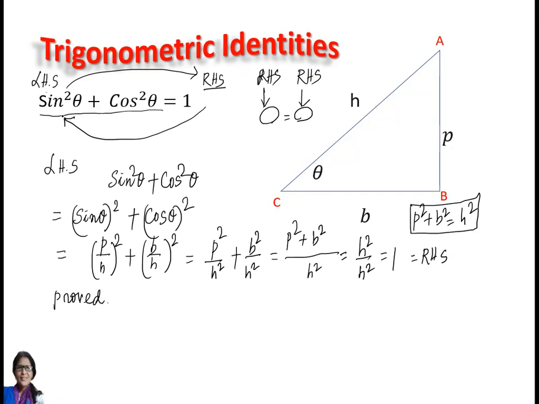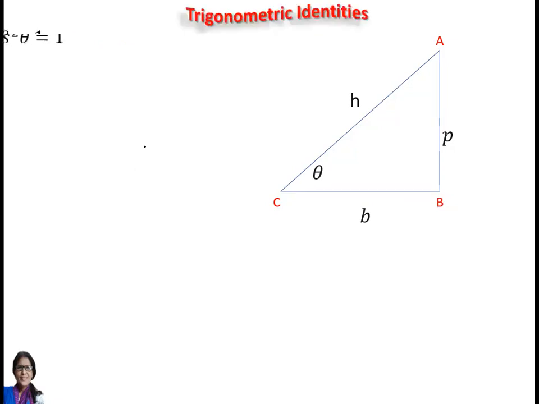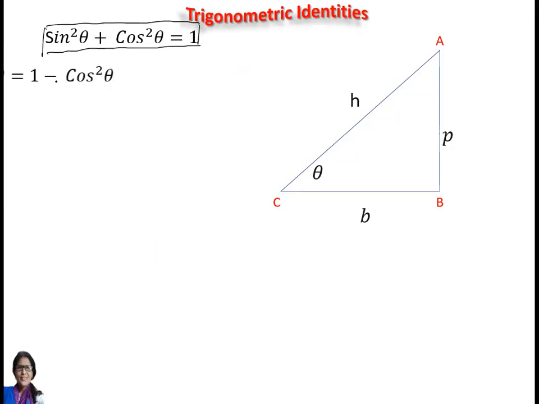So we could prove one identity. Now we proved sin square theta plus cos square theta is 1. From this, I am deriving two more identities. I'll separate sin square theta. Then how much will it be? Cos square theta will be subtracted here.